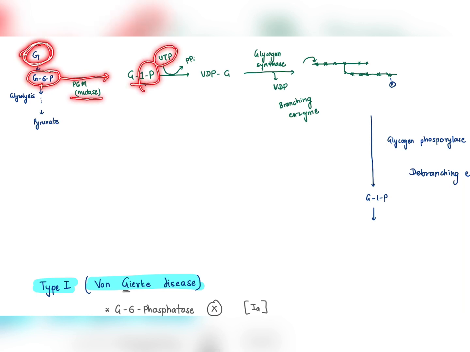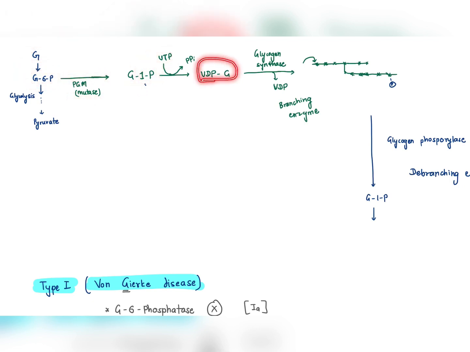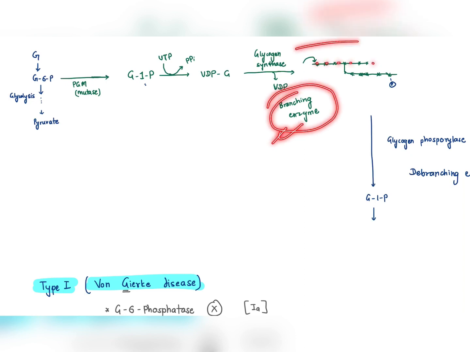Then it combines with UTP, forming UDP glucose, the molecule which is attached to the glycogen chain with the help of glycogen synthase enzyme. This is how it is synthesized. After a chain is formed, branching also occurs by the branching enzyme. This is how a complete glycogen molecule is formed.